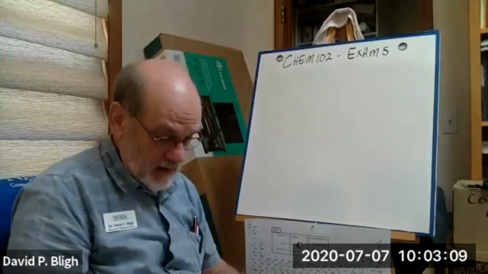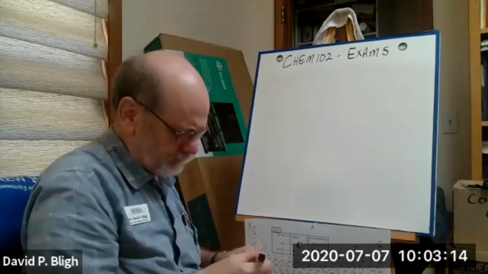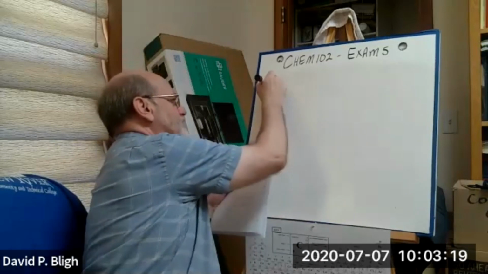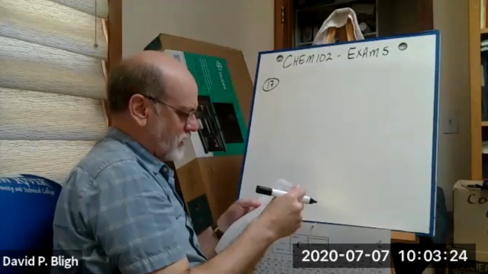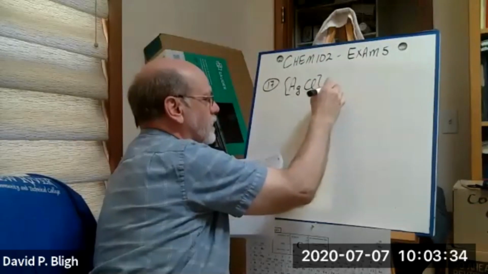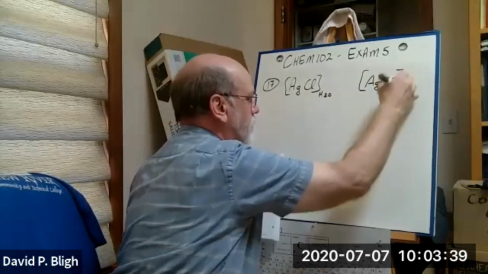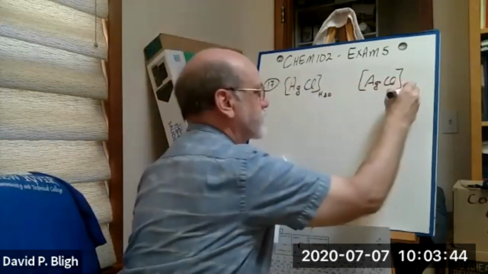Let's see. Let's go ahead and do 17. It's kind of on the coattails of 16 and 17. So what's the relationship between the solubility of silver chloride in water versus silver chloride in strong acid?